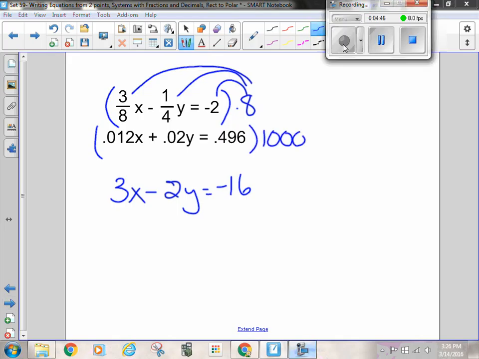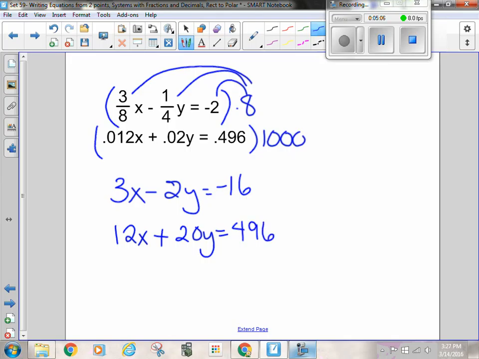Now when I multiply everything by 1,000, I get 12x plus my 0.02 times 1,000, which is 20y, equals, I have my 4.496, it's going to be 496.